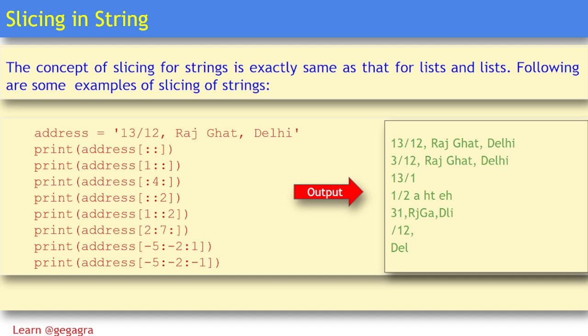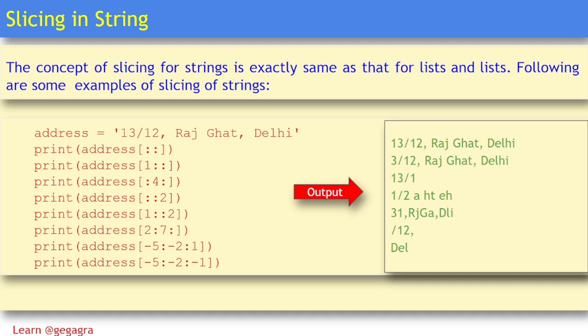And in this 2 colon 7, it will start with index number 2, that is 0 1 and 2, so it will start with the slash followed by other characters and will go up to index number 6. So that is the output. Over here, if you see -5 to -2, it is moving from -5 to -2.